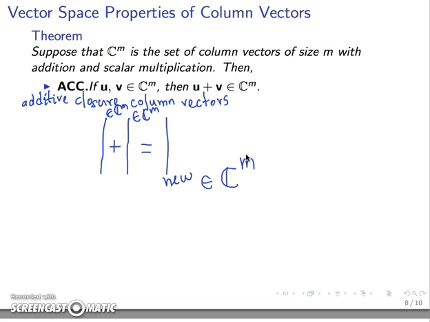If you take a member of CM and add it to another member of CM, the newly obtained vector is still a member of CM, and therefore you say this set CM, this set of column vectors, is closed under addition when addition is defined in this way. So that's the idea of closure for column vectors, which we have already defined.